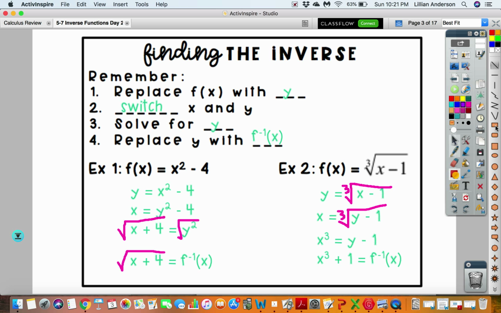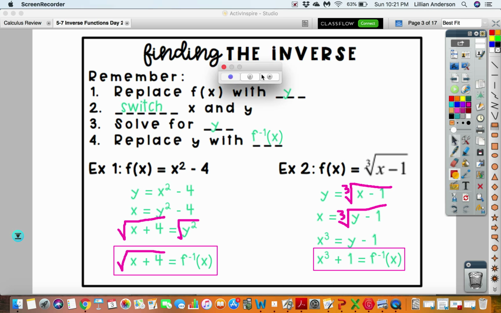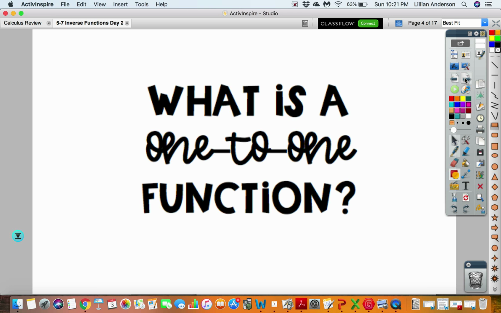Okay? That is my final answer. So rules still stay the same. You just want to make sure that no matter how difficult the function is, you're still going about those 4 steps. All right?